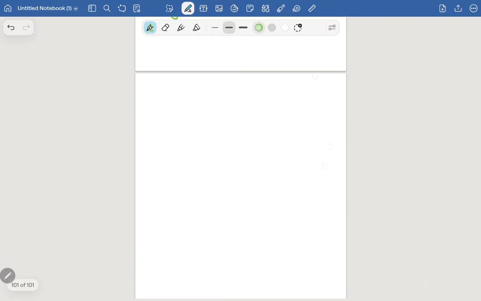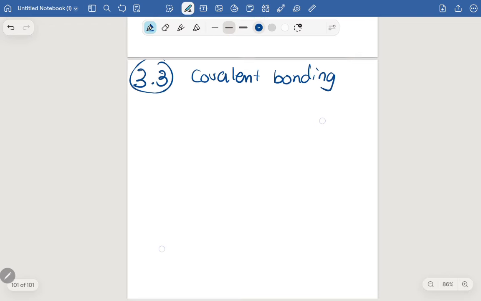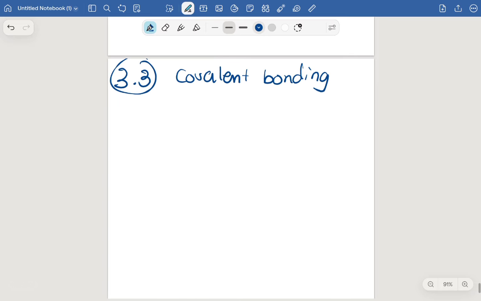Now we move on to 3.3, which is about covalent bonding. Now 3.3 is a bit long, but it's a nice section. What exactly is a covalent bond? A covalent bond results from the sharing of electrons between two or more non-metal atoms. So let me write it.